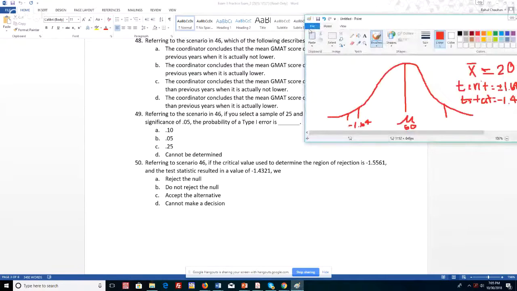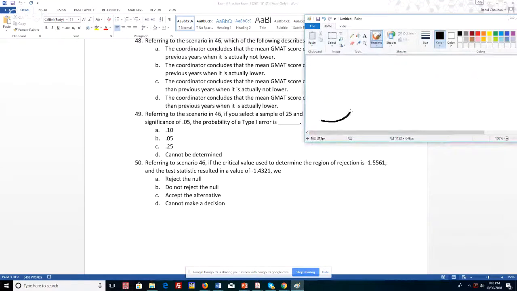So if you were to draw this out, our region of rejection is negative 1.556, and our test statistic ends up being negative 1.4. So that is not in the region of rejection, which would be that tail end. So we are not going to reject the null.